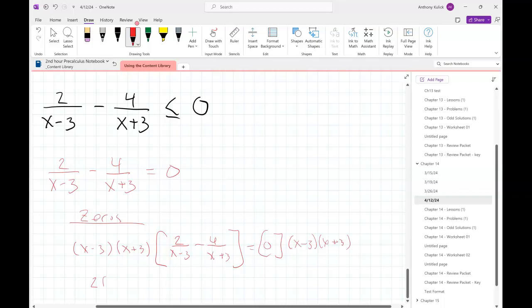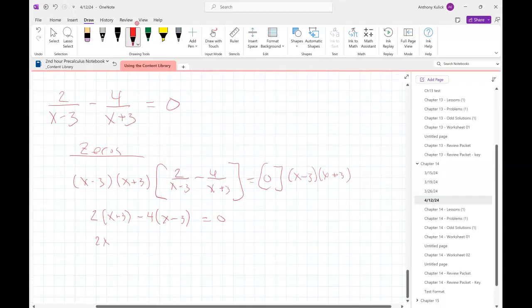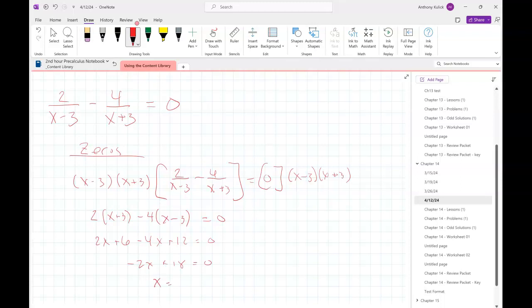That's going to give me 2 times x plus 3 minus 4 times x minus 3 equal to 0. So 2x plus 6 minus 4x plus 12 equal to 0. So negative 2x plus 18 is equal to 0, or x equals 9.